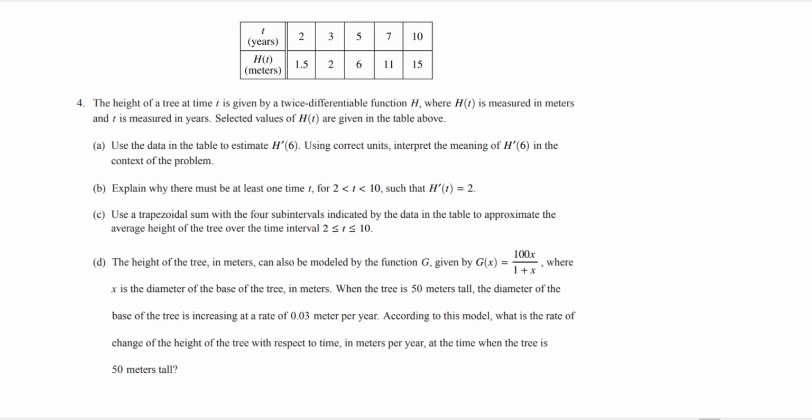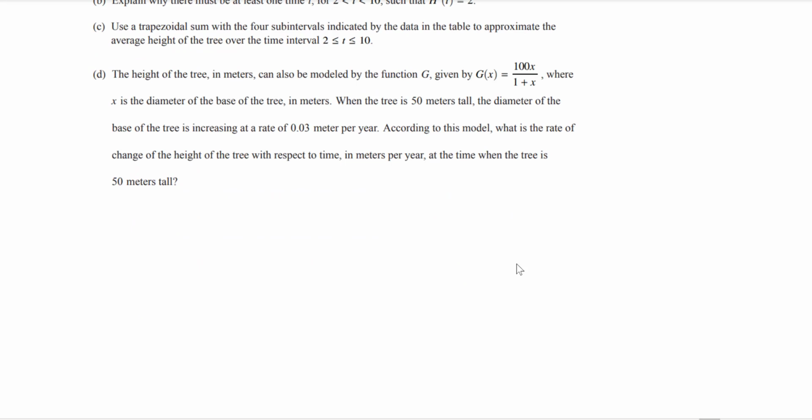The first thing we want to do is use the data in the table to estimate h prime at 6. Using correct units, interpret the meaning of h prime of 6. All right, so let's look at this. For A, we would like h prime at 6, and we are approximating that.